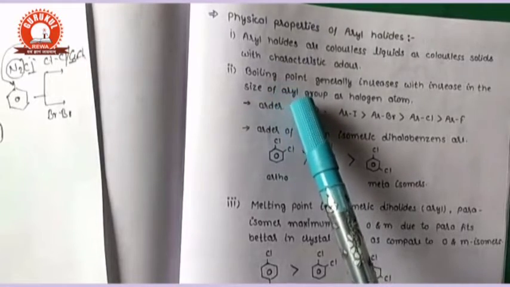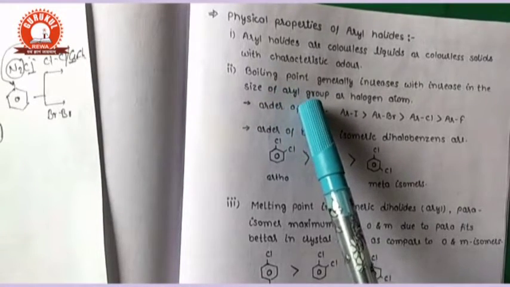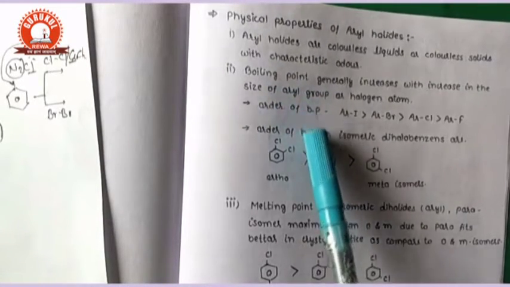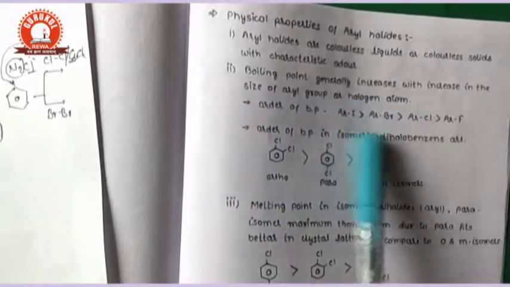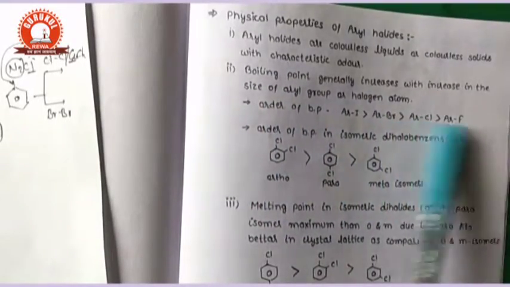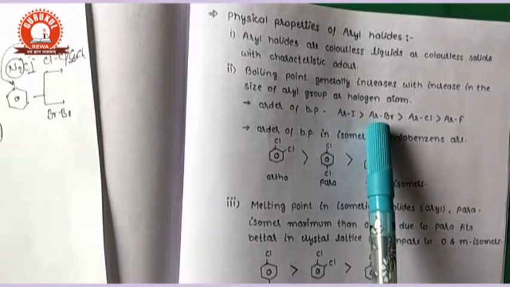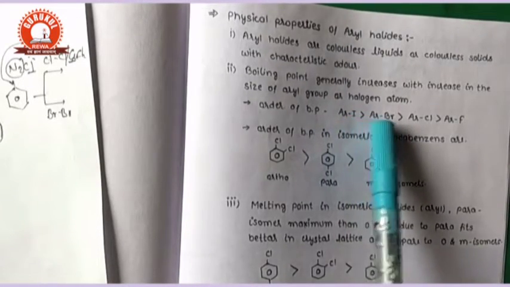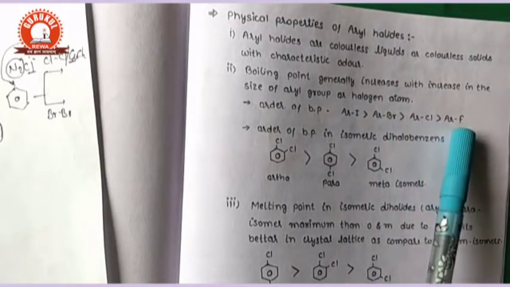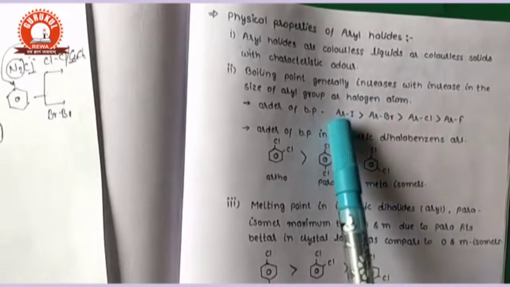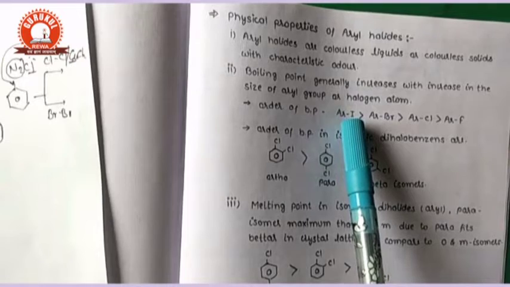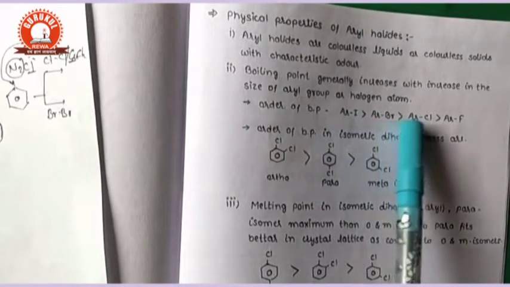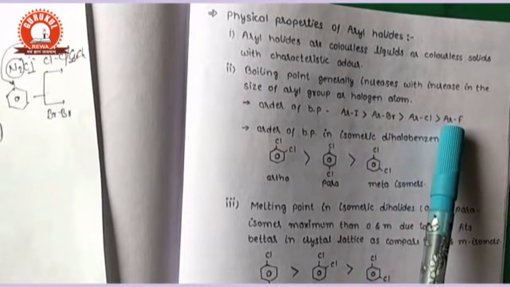The boiling point is directly proportional to the size of the alkyl group as well as the halogen. If we see iodine, bromine, chlorine or fluorine, the aryl group C6H5 is the same, and the molecular mass of iodine is greater than bromine, chlorine or fluorine, so aryl iodide has a greater boiling point than aryl bromide, aryl chloride or aryl fluoride.